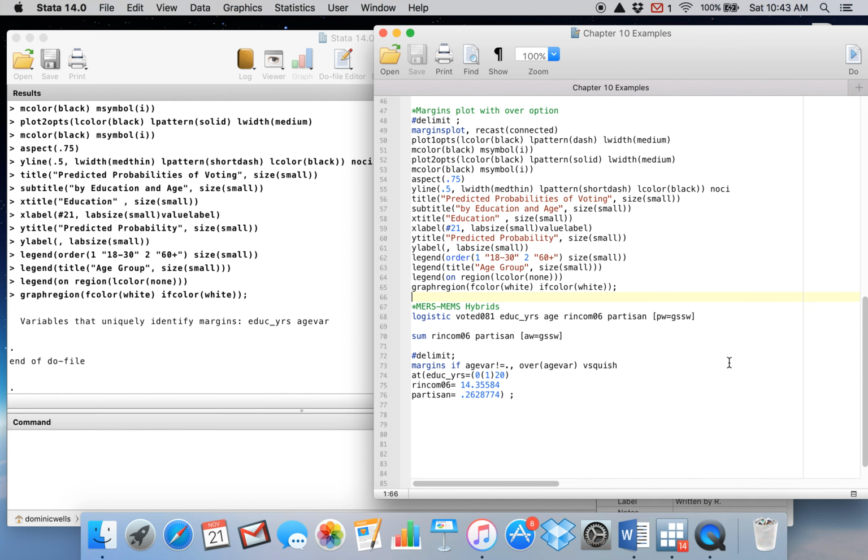And then we allow the independent variable to vary. That was our education. We have also seen that we can use the over option to specify a range of interesting variables. That's what we just did with looking at the difference in probability of voting predicted by taking into account education, comparing 18 to 30-year-olds and 60-plus-year-olds.